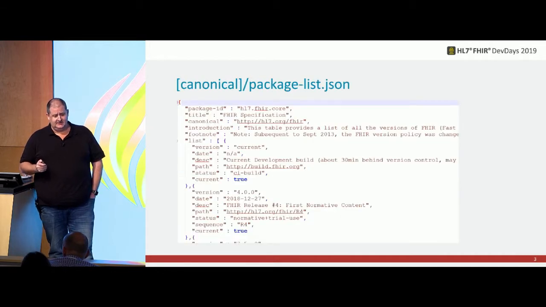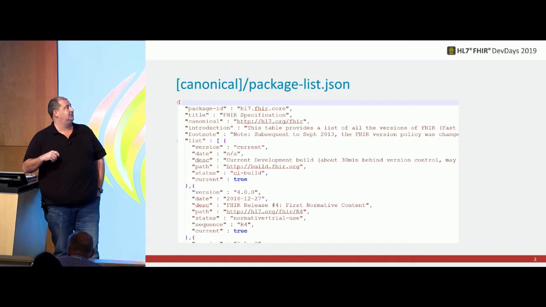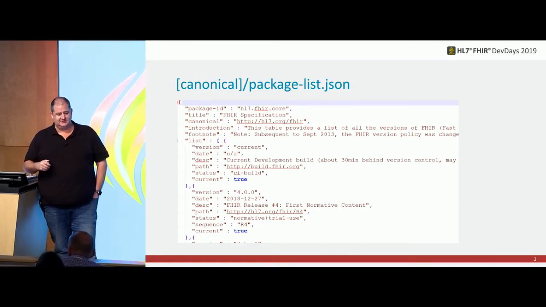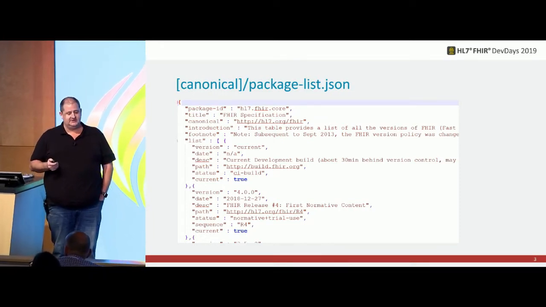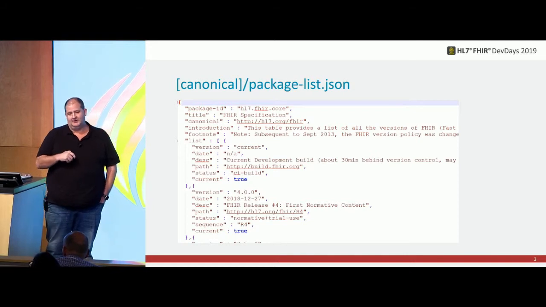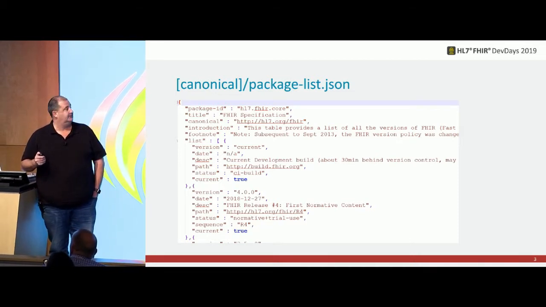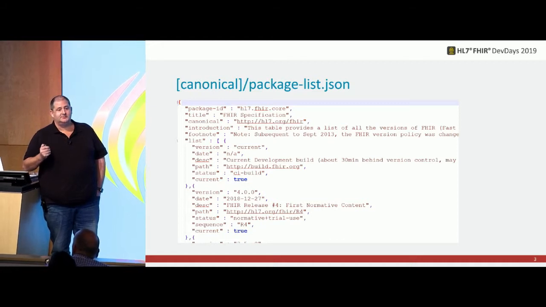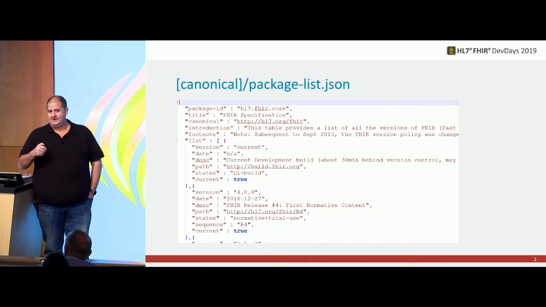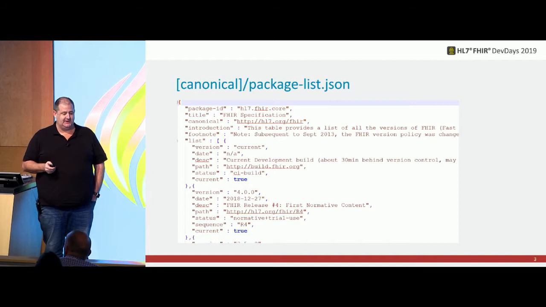And so here's a quick look at the package list. It's really simple. The canonical URL of whatever specification it is, /package-list.json, will give you this file, which describes the specification and gives you a list of released versions and where they are found. Every spec has that, because that page that you see as a human is built from this page.